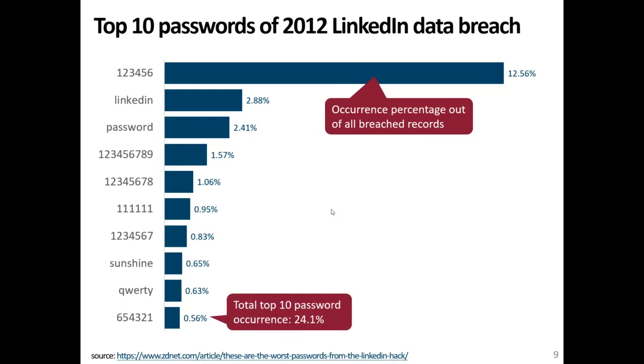If we look at the total top 10, 24% of the users, so 1 out of 4 users, was using a password from this top 10. So this is actually a very bad idea, and it shows that people were not or are not very concerned with securing their accounts. So this was, of course, in 2012. I hope now people have learned from these past mistakes and use more secure passwords.